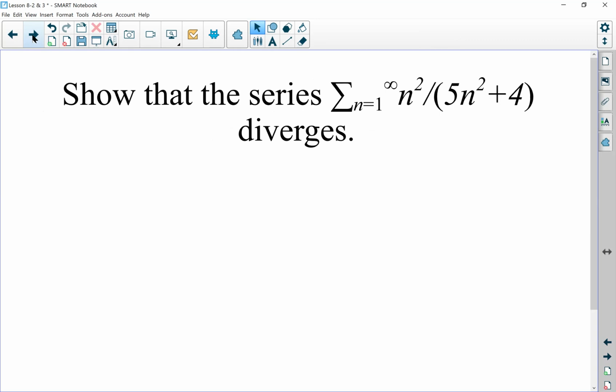All right, show that the series n goes from 1 to infinity of n squared over 5n squared plus 4 diverges.